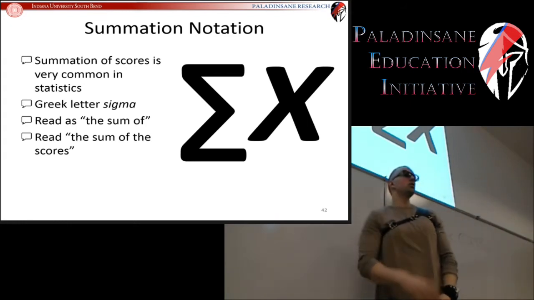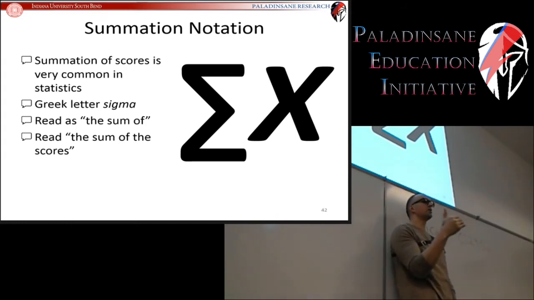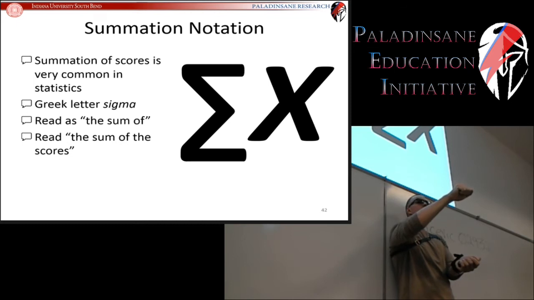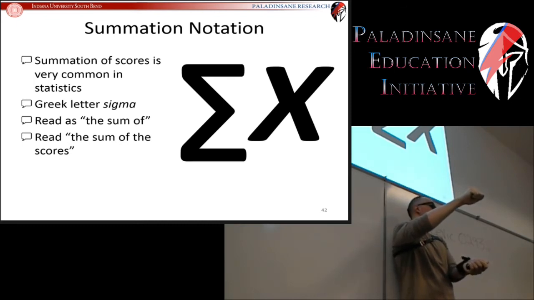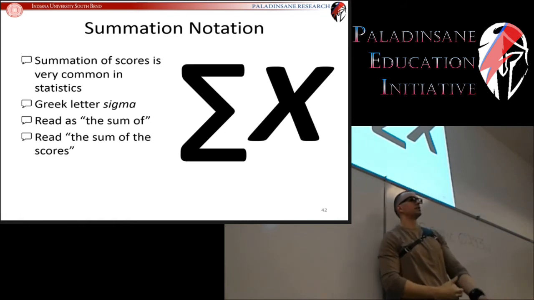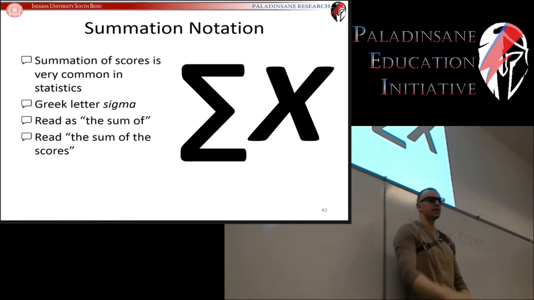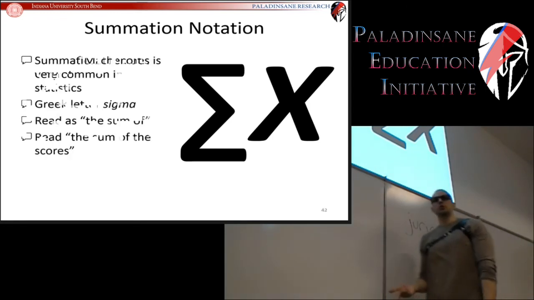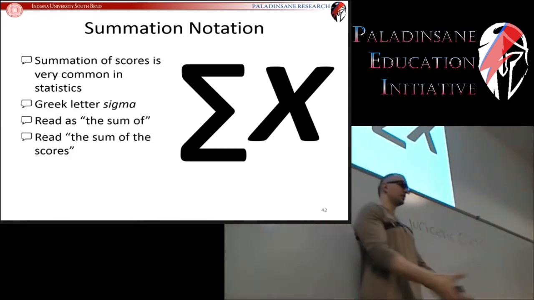So if you went to a person on the street and showed them a bunch of scores and said, can you calculate sigma x? That person will probably look at you with a blank face and say, I have no idea what you want. But if you show them scores and say, can you calculate the sum of the scores? They'll be like, yeah, I can do that. I know what that means. So do yourself that favor. Get into that practice. Read this as the sum of the scores. All right, so that's your first new piece of math. Sigma means the sum of.